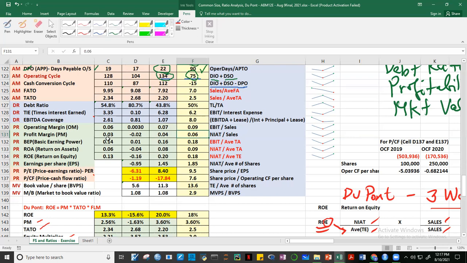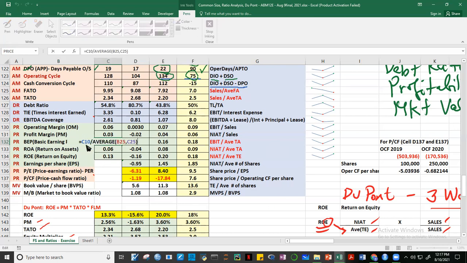Okay? So itong tatlong to, guys, ang kino-compare natin mga income statement accounts versus our balance sheet accounts. So ang BEP, basic earning power, magkano operating profit sa bawat piso ng asset na ginagamit natin. So in 2014, tingnan natin yung formula.